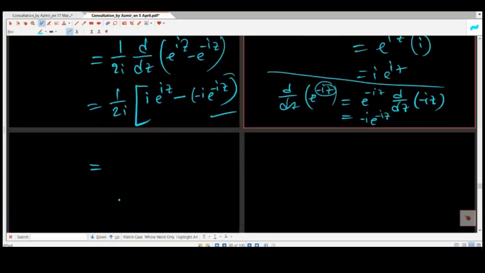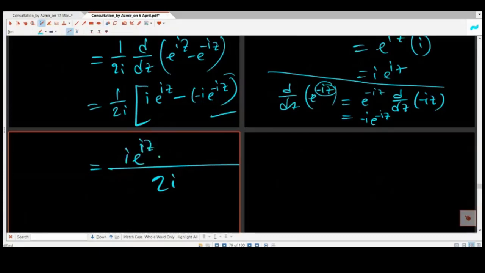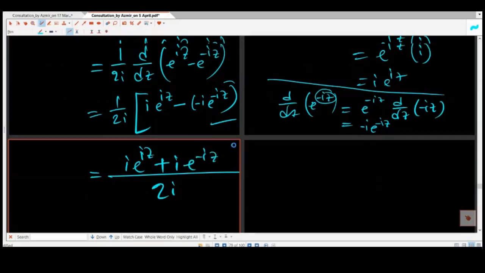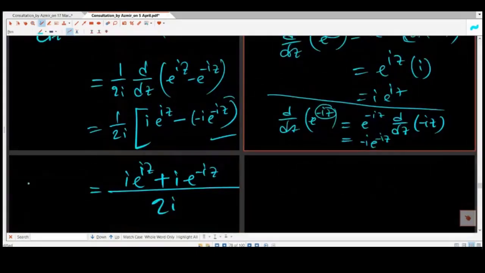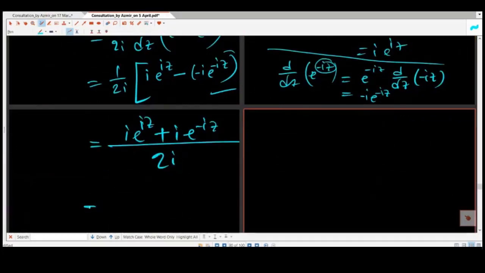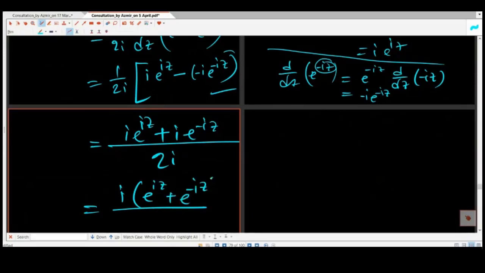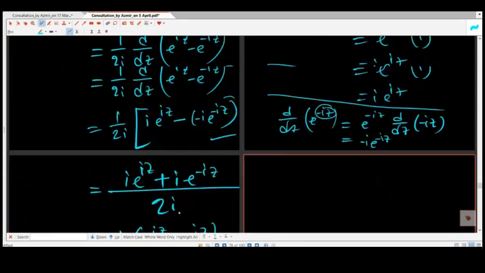That means we have 1 over 2i times (i e^(iz) minus minus i e^(-iz)), which is plus i e^(-iz). Now we can take i out, so we have i times (e^(iz) plus e^(-iz)) over 2i.